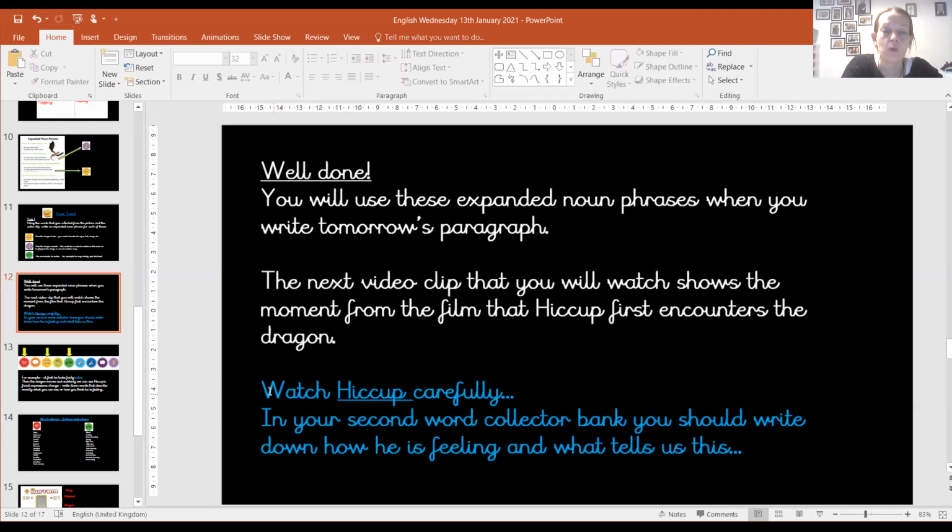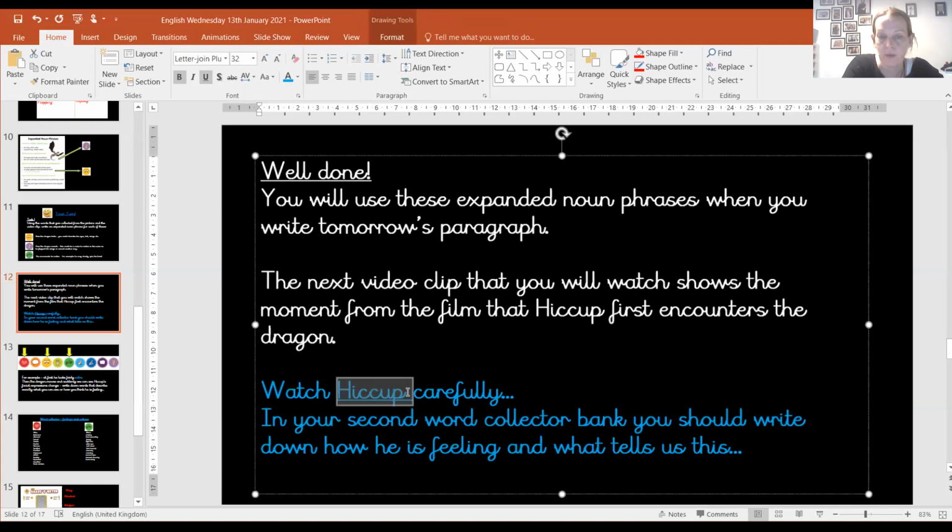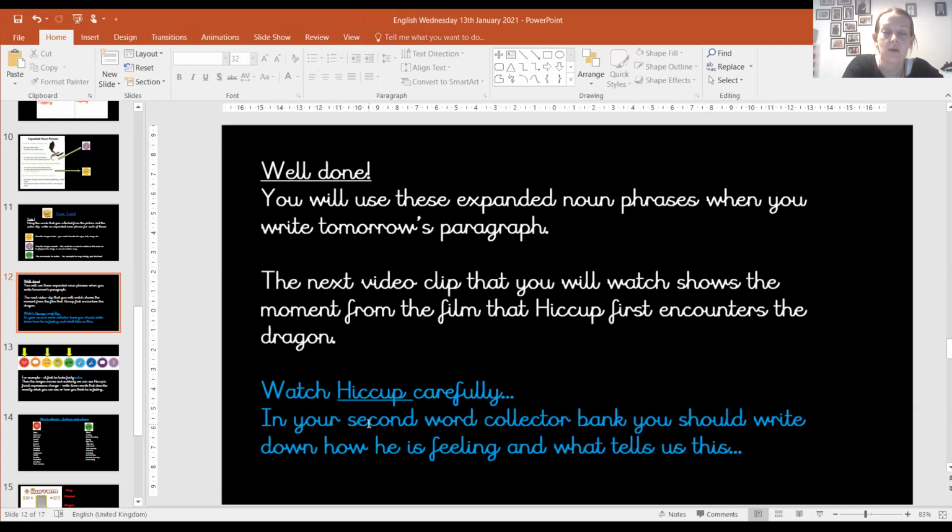Now, while you're watching the video, pay attention to Hiccup, the boy, because in your second word collector bank, you're going to write down words that describe how he might be feeling at this moment. So when he first encounters the dragon, how he might be feeling, and what things about his body language, his facial expressions, tell us that he's feeling this way.